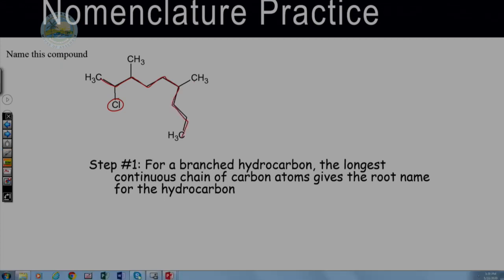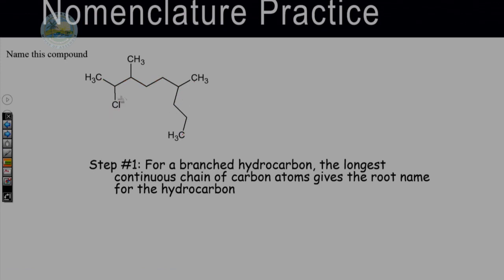So 9 seems to be the longest chain, and that's why we would have done this numbering system. So the longest chain consists of 9 carbons. Having 9 carbons, we will name it nonane, as is shown on this side here. So nonane. Let's move on.